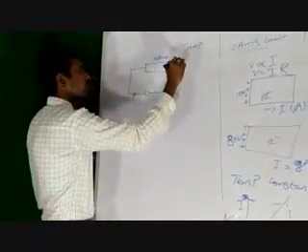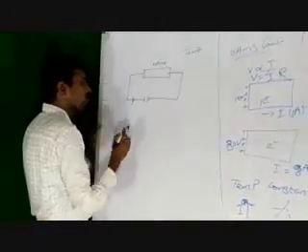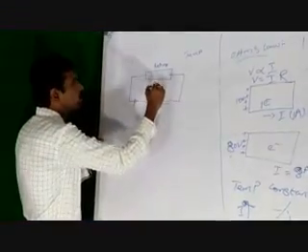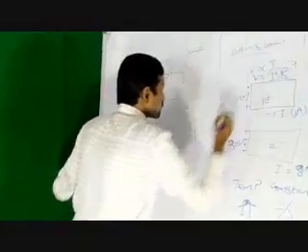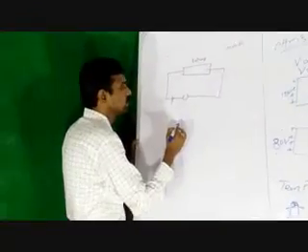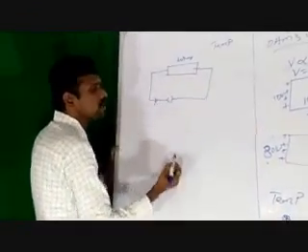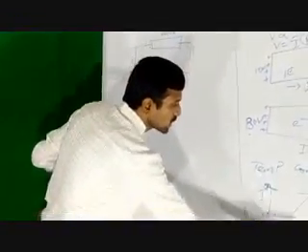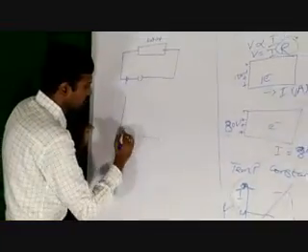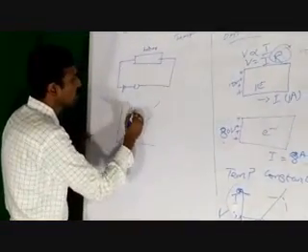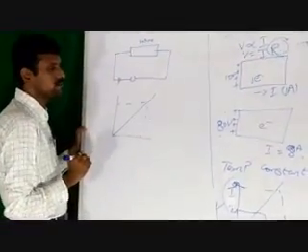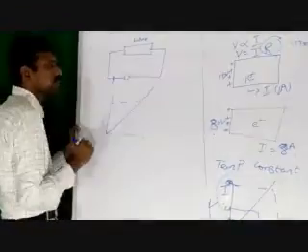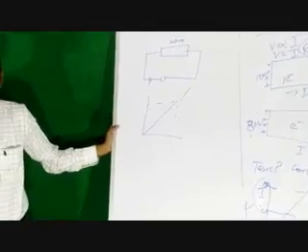According to the resistance of the material, we will get this graph, a graph with constant values at constant temperature.